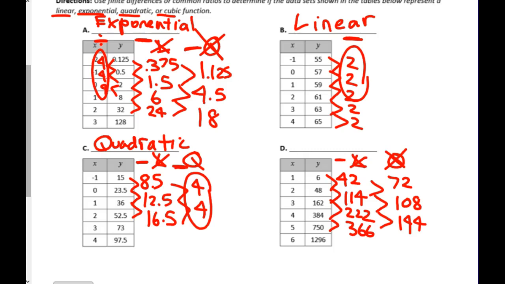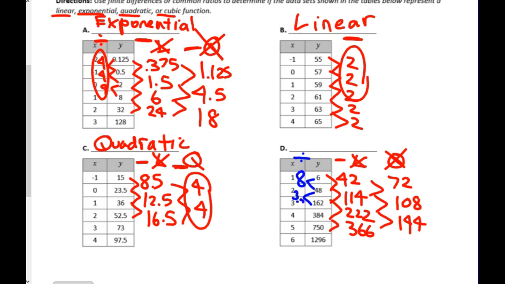No. Try dividing. 48 divided by 6 is 8. And I'm dividing over here. 162 divided by 48 is 3.375.